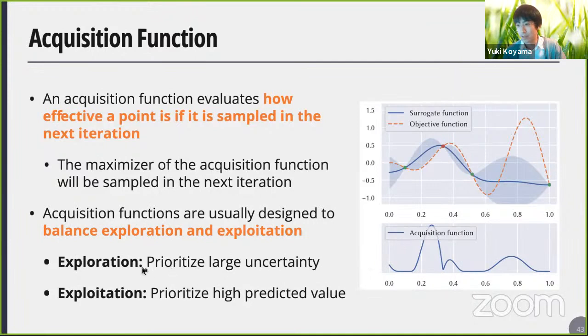Exploration means that it prioritizes the region with large uncertainty, and exploitation means that it prioritizes the region with high predicted value. For example, in this right image, the acquisition function value is large, around 0.25 or so, because the uncertainty and the predicted value are both large.